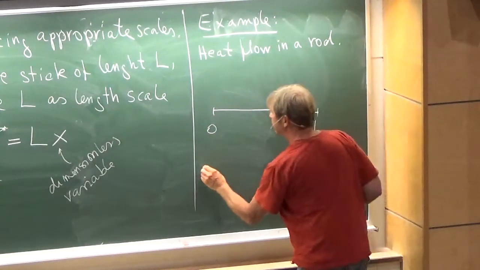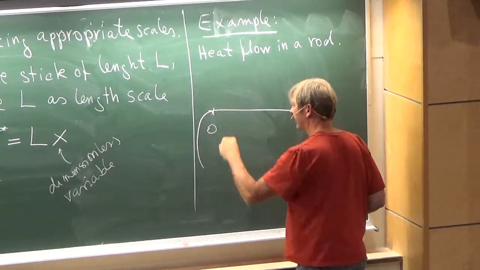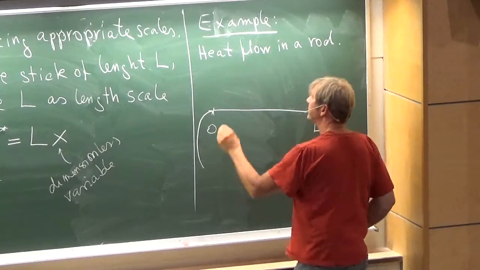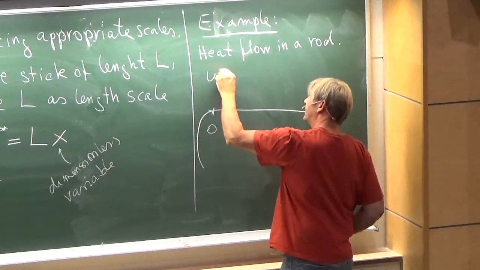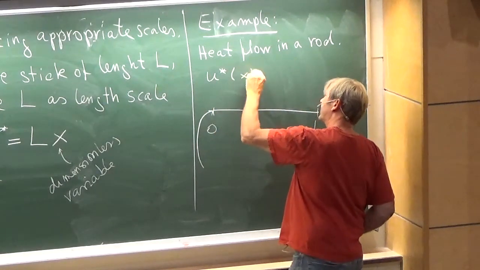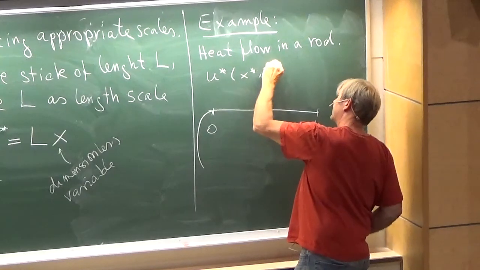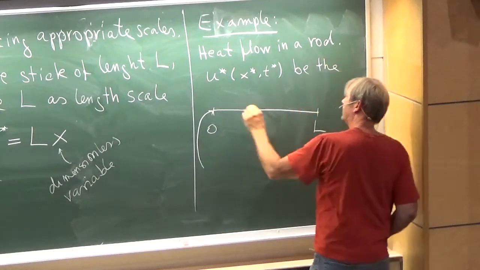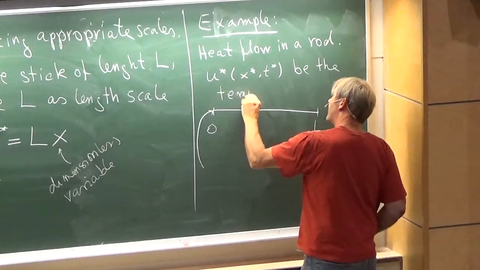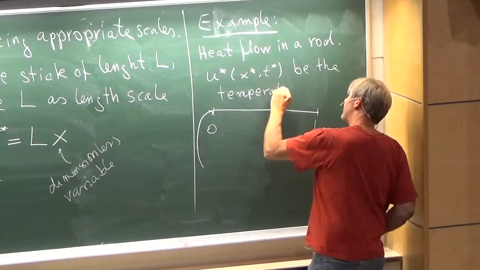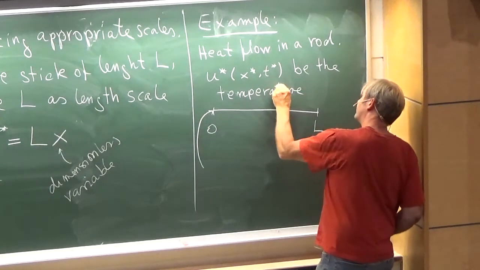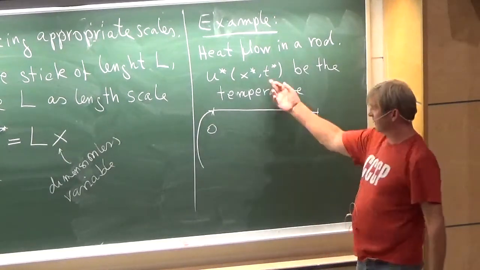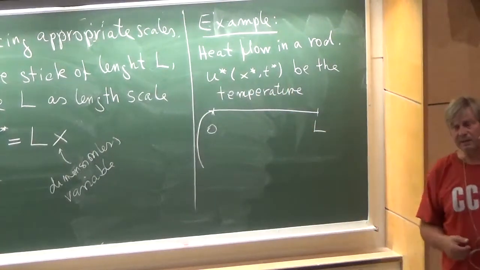We assume that u star of x star and t star is the temperature at time t star at position x star.